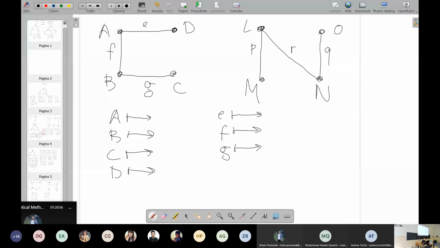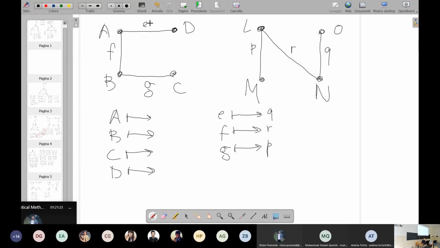So, E to Q, F to L, and R? And G to P. And so, if I follow this, E has 2 ends, one with what we shall call a degree 1 and one with degree 2.